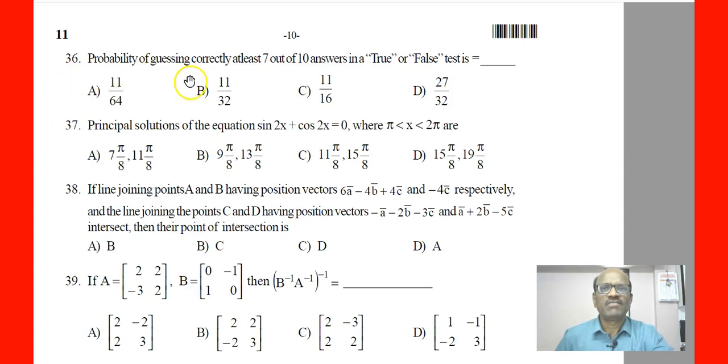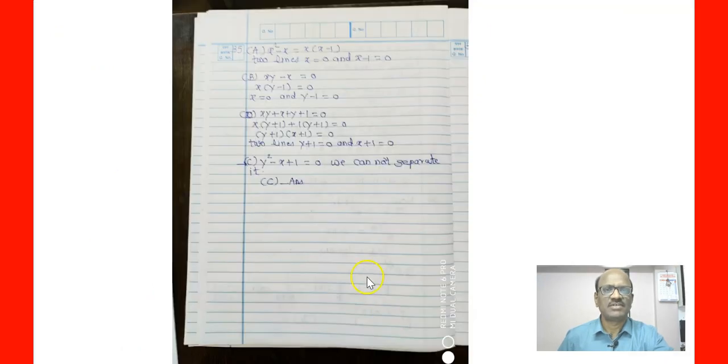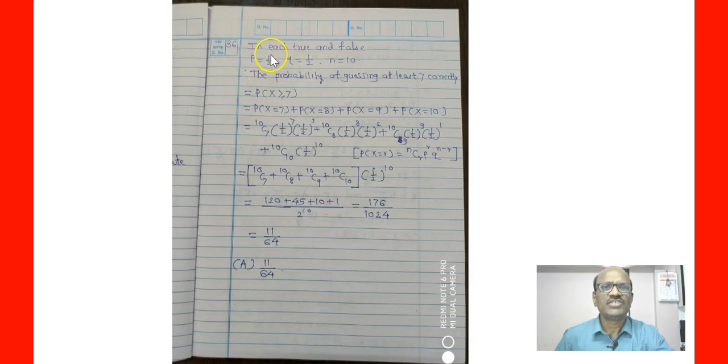Now next question. The probability of guessing correctly at least 7 out of the 10 answers in a true or false test is, which one is correct? Now see this, in each true or false, p equals 1 upon 2 and q equals 1 upon 2. How many questions?